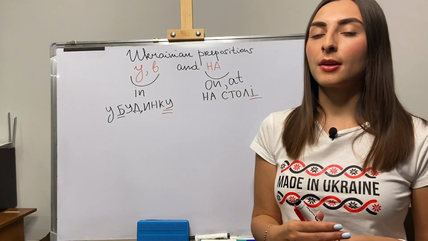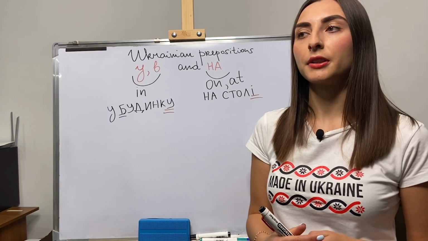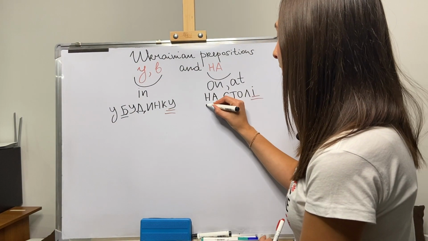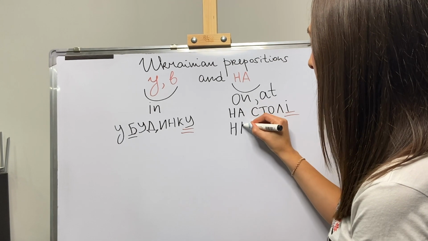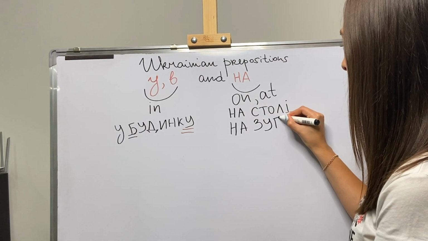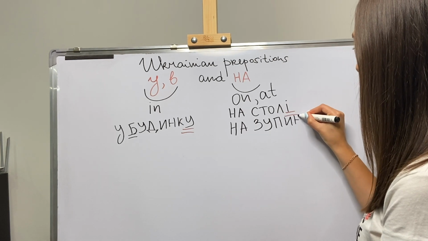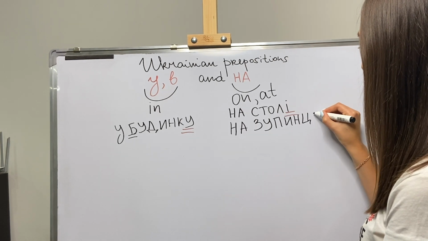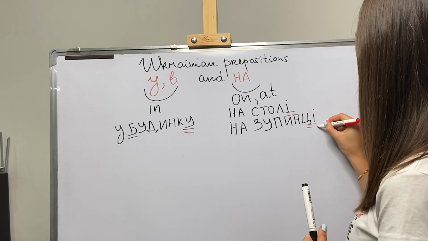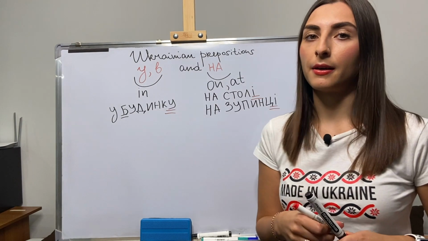Also, when we talk about the preposition "at", for example, to say "at the bus stop", it will be на зупинці. На зупинці means at the bus stop.